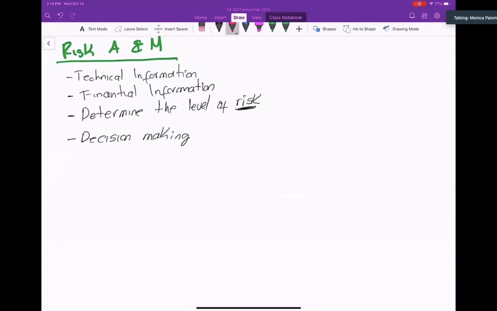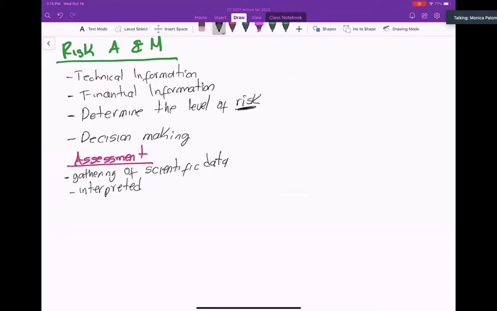So assessment. Assessment is going to be concentrated. So specifically, if you ask me, what do you mean assessment and management? What is the difference? Assessment is gathering of the scientific data, all the facts. All the data is gathered and interpreted from the point of view of a scientist, right?